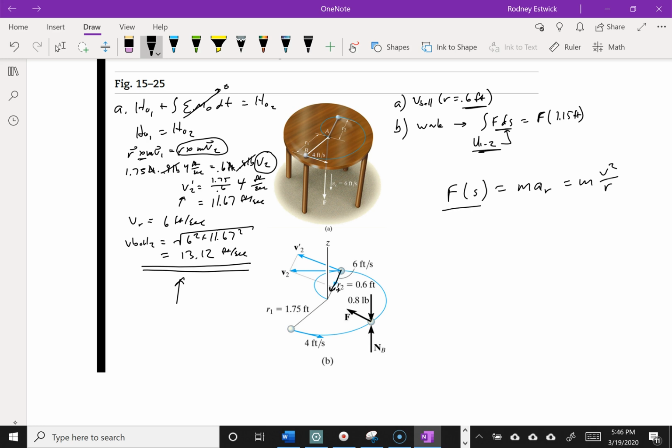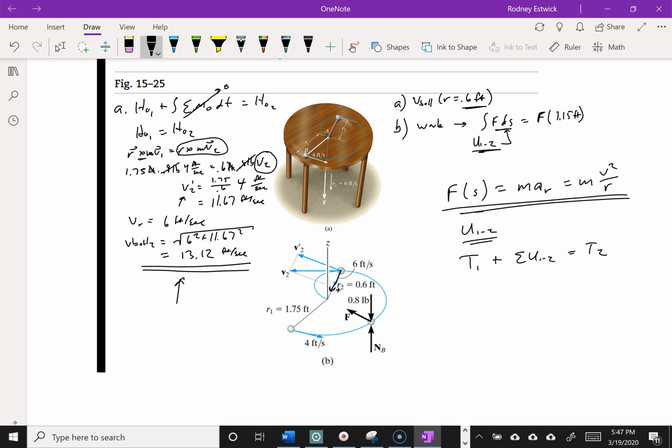So let's pause this and look at U1 to 2. Let's use energy. So if I say that the kinetic energy initial plus the sum of work from 1 to 2 is going to equal the kinetic energy final. Can I do that? Well, yeah.